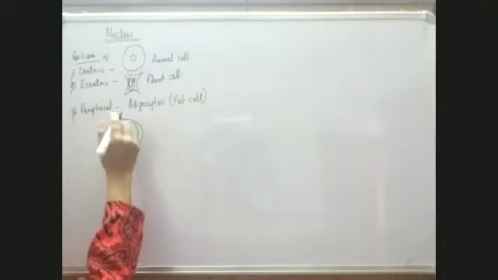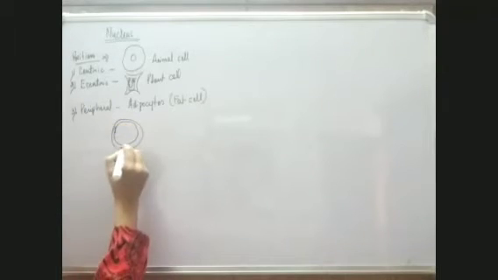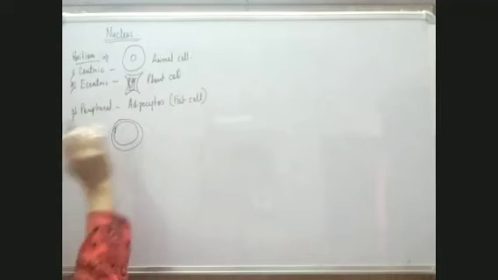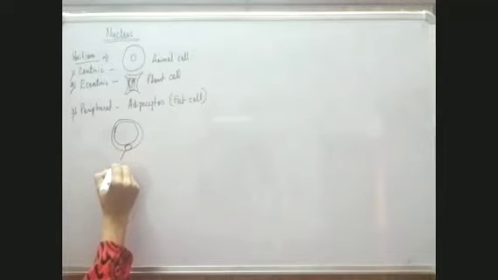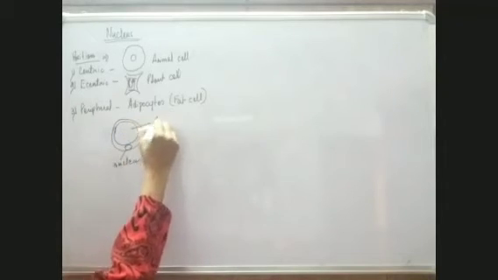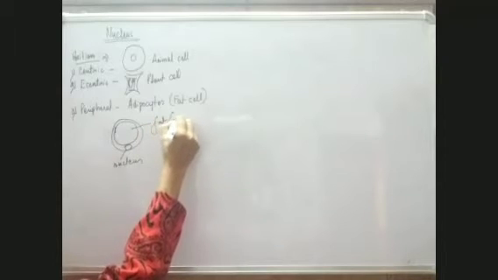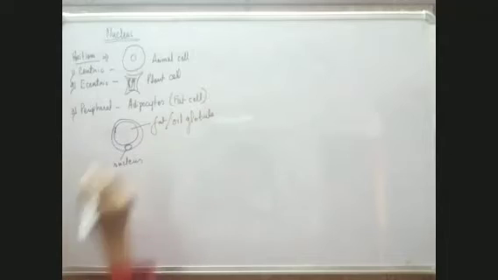Because of the presence of the big fat globule or oil globule, the nucleus is shifted to one side. So this is the nucleus, and this is the fat globule or oil globule, and this is an adipocyte. Because of this, the nucleus is shifted to one side.